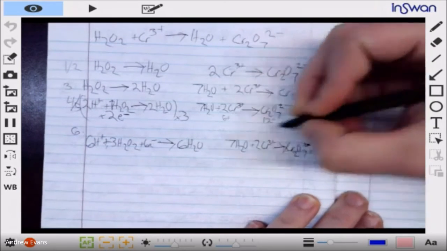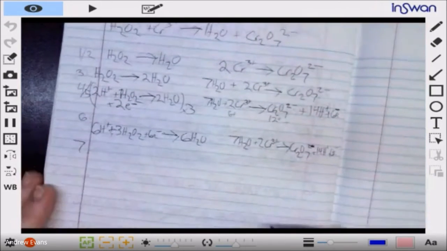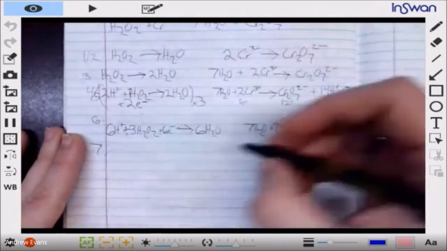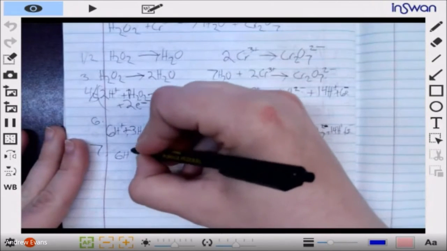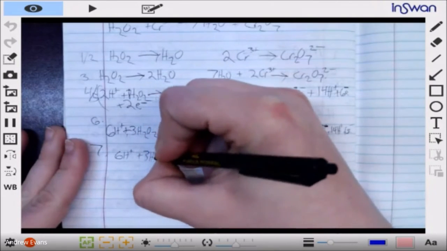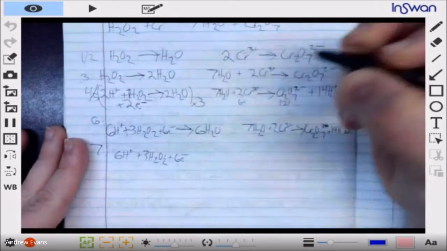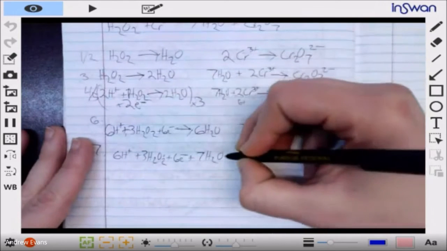Okay, now becomes the hard step of adding them together and canceling out. Here's why you need to be careful when you're canceling out. So let's add all the left sides. So 6 H plus, 3 peroxides, 6 electrons, 7 waters, and 2 chromiums.